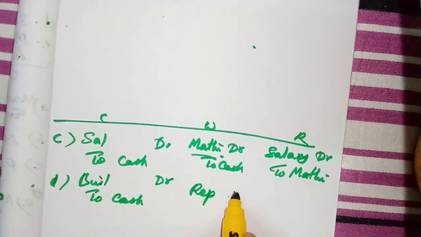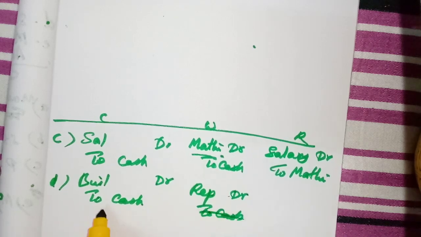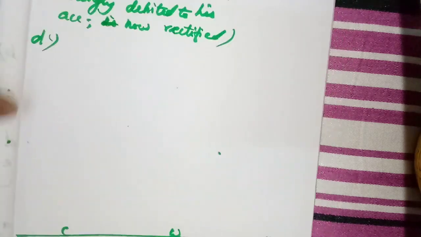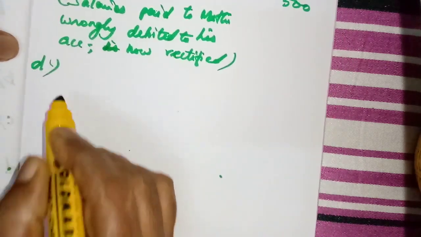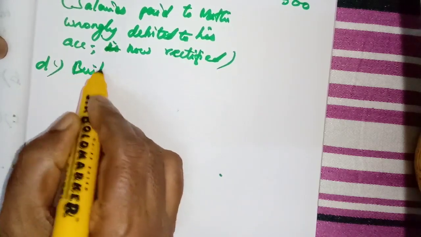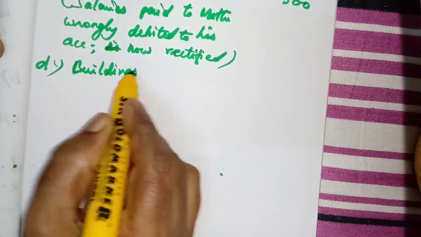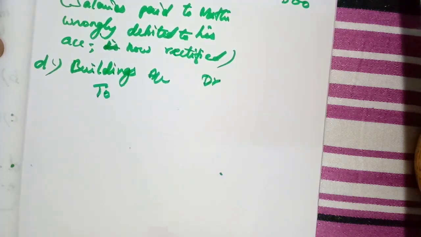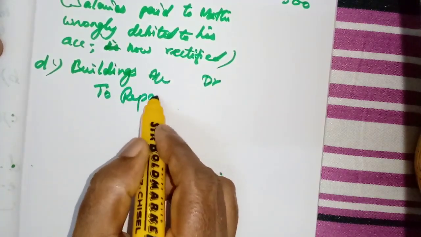Wrong entry: repairs account debtor to cash. So cash no problem. Building only should be debited, that is the correct debit. No need to write two times. So buildings account debtor to repairs account, that wrong debit.